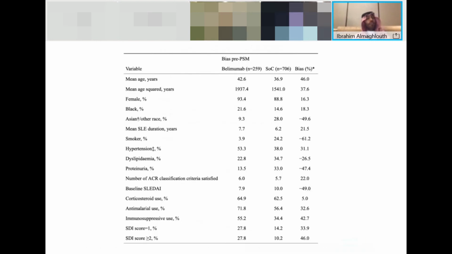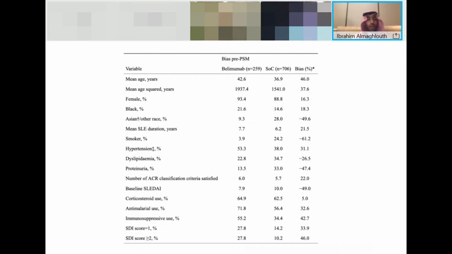And before the propensity score, you can clearly see that people with belimumab and people who use standard of care from the Toronto lupus cohort were significantly different. You can look at the bias. Anything above 10% is considered to be an important difference.